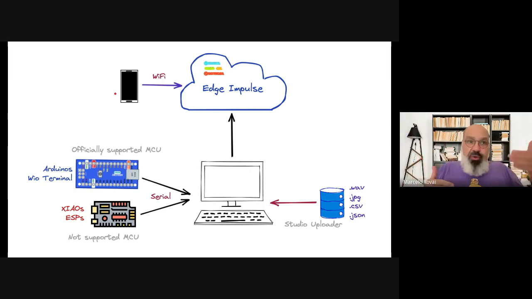The second way we saw in previous lectures in this workshop is taking, for example, microcontrollers officially supported by Edge Impulse, like the Arduinos, the Nicla, the Portenta, the Nano 33, that you can connect using a serial port, connect your terminal, capture the data, and at the same time send the data to Edge Impulse.